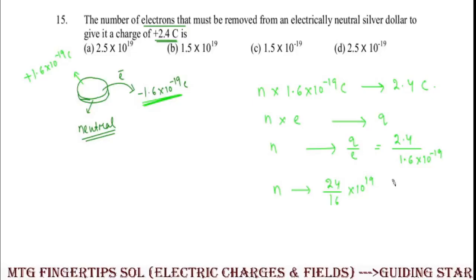Clear? And if we do that calculation, it will come out to approximately 1.5 into 10 to the power 19. So the total number of electrons that must be removed from this dollar coin will be 1.5 into 10 to the power 19. This much number.